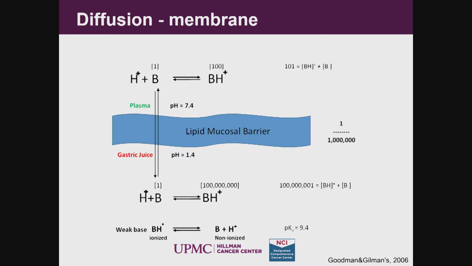Here we have the same situation for the base. I will not go through it in detail, you can do that yourself, but suffice to say that the ratio is completely different. It's 1 to 1,000,000. And so weak bases are very disfavored for absorption from the stomach, understandably so. Now this is not necessarily a bad thing, because what it does favor is the dissolution of the compound.